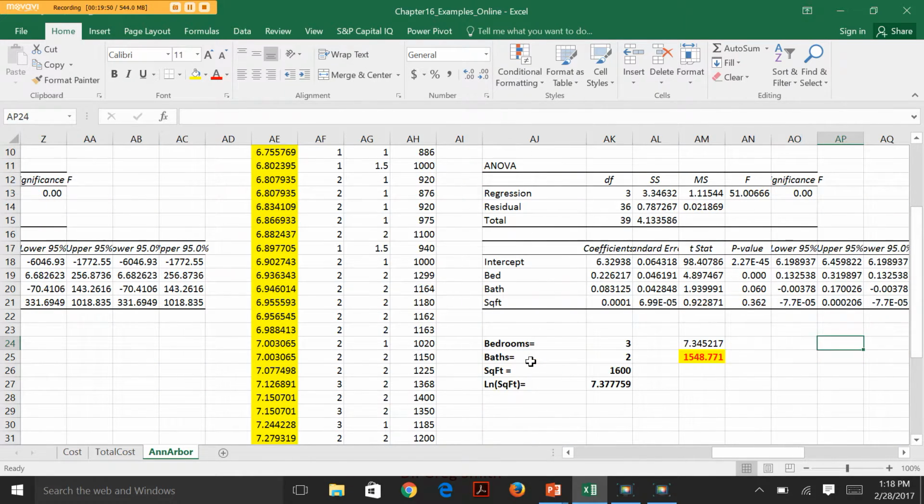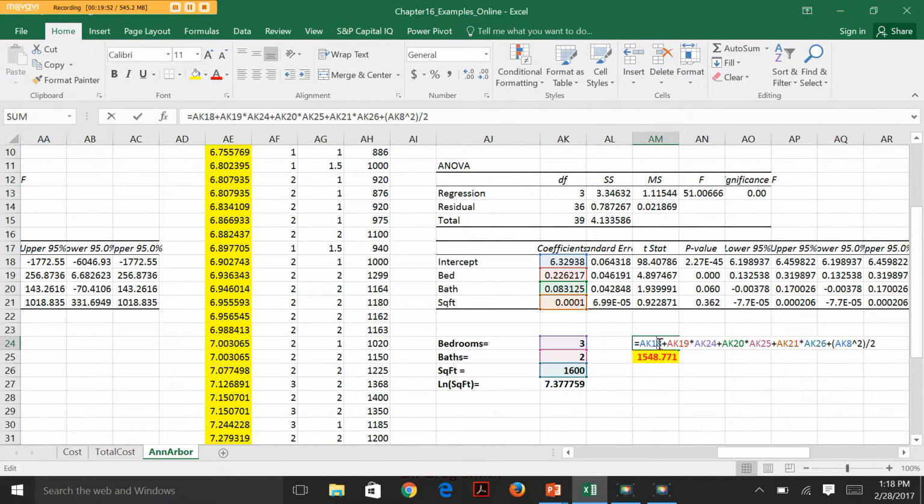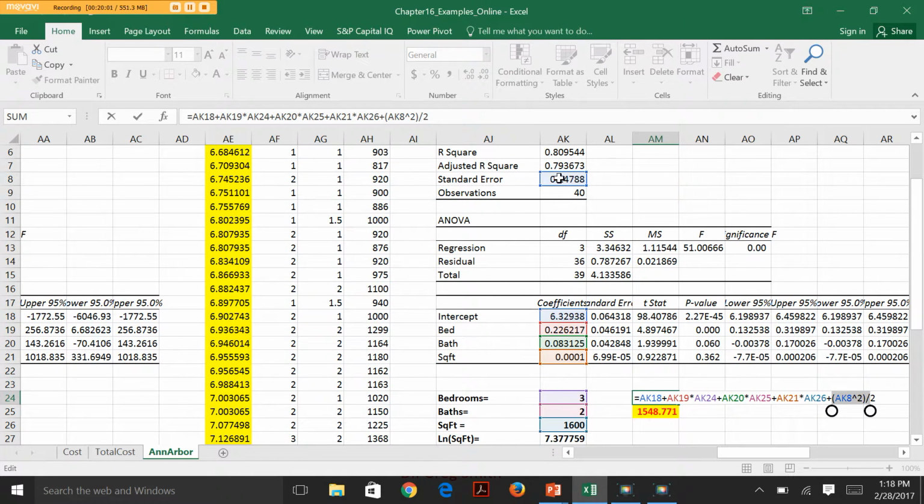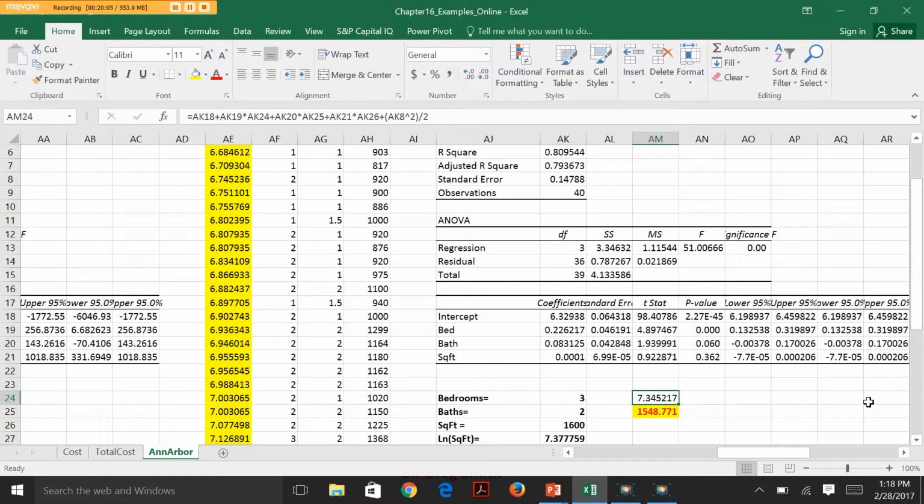The next one's going to require transformation. So the first thing I do, run the regression like you would normally do. I'm adding back in, as you can see, a value here, and this value is the standard error. I'm squaring it and dividing by 2. Then what I'm simply going to do is raise it up, e to the power of 7.34.